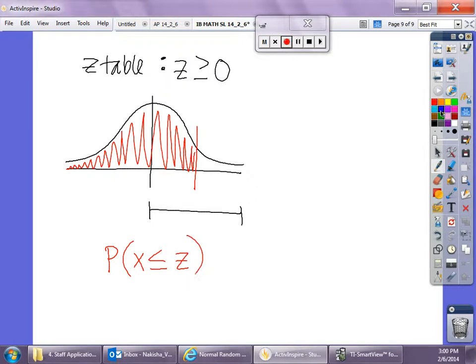Those are the easiest problems. The problem I just did is one of the more complicated ones, where here's your mean, and I give you a z-value on this side and a z-value cut on this side. Those are actually the hardest. So please try the problems. I do want you to use your calculator to verify for a few, because you should have no problem using your calculator.